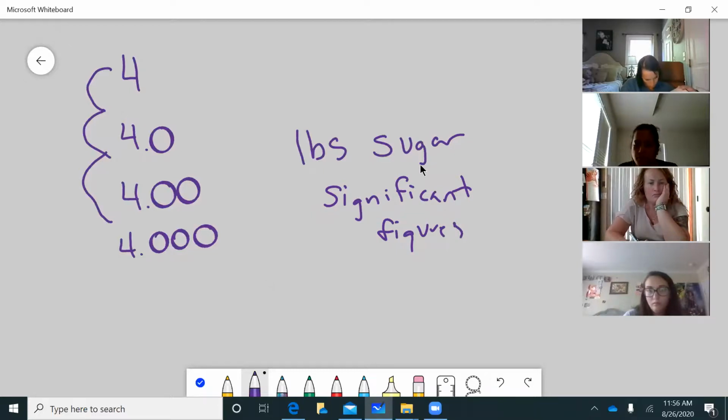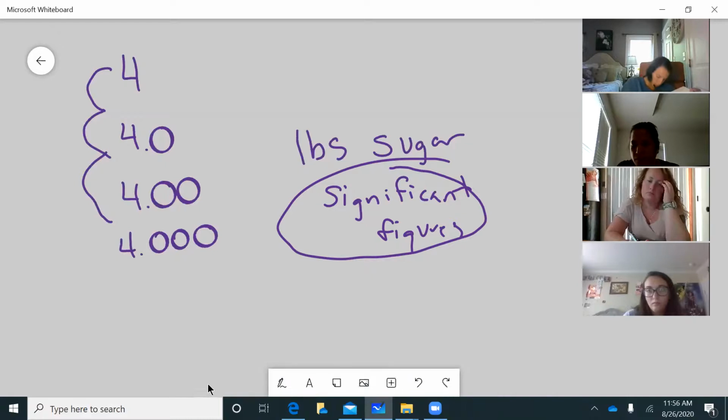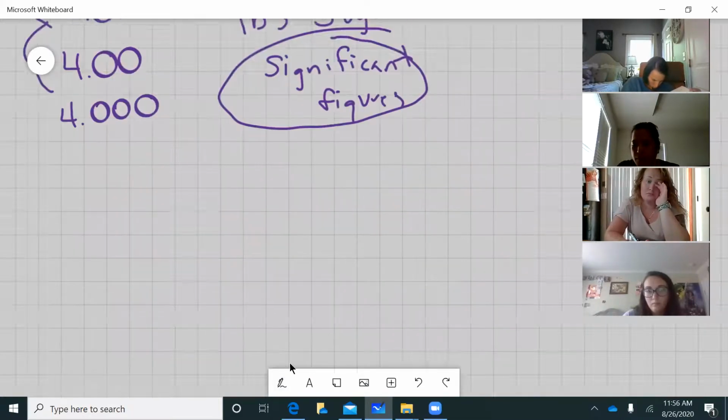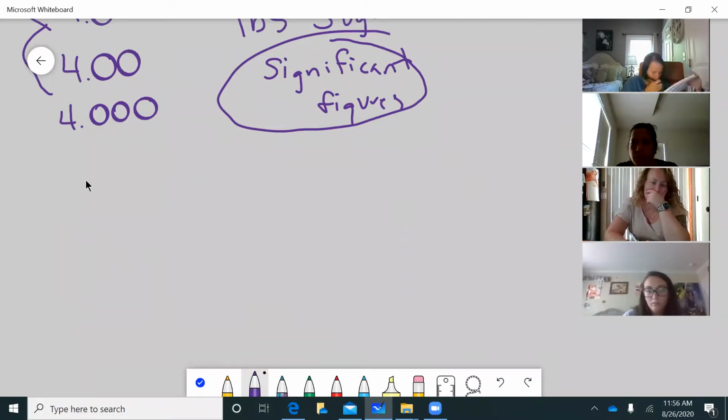So when we're classifying significant figures, there's a couple rules that we follow. The first rule is that all non-zero numbers are significant. So we would classify all non-zero numbers as significant.